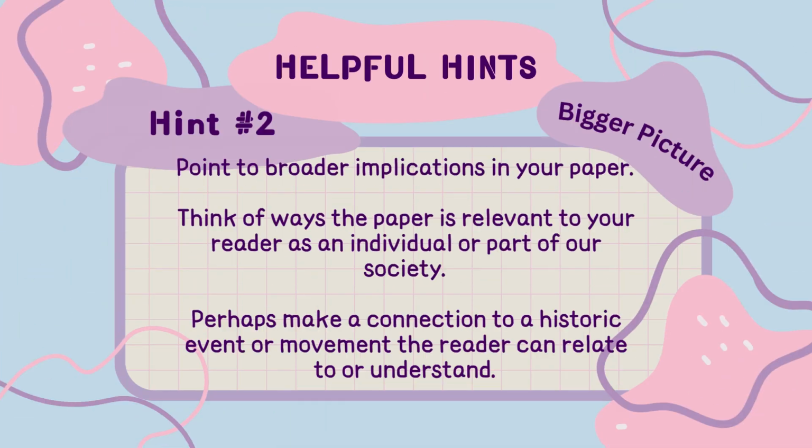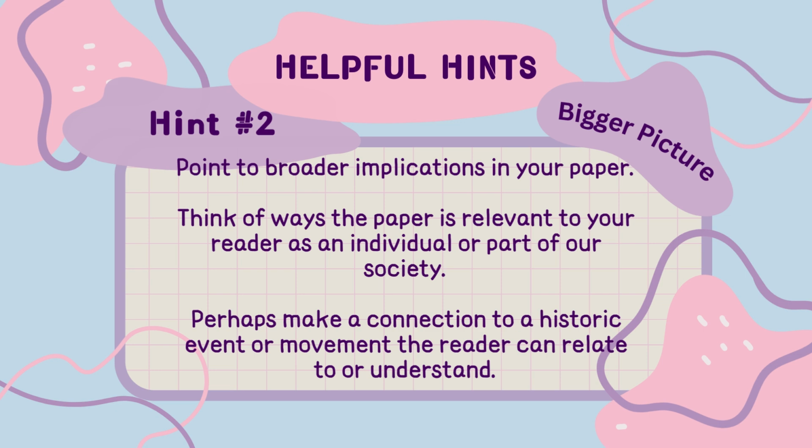Another helpful hint: when you're working on your universal truth, and you're really struggling to come up with a way to state a universal truth, state a consequence, or give some advice, think about the bigger picture. What's the broader implication of your paper? How is your paper relevant to the reader as an individual or as a member of our society? Perhaps you want to make a connection to a historic event or a movement that the reader can relate to or hopefully understand.